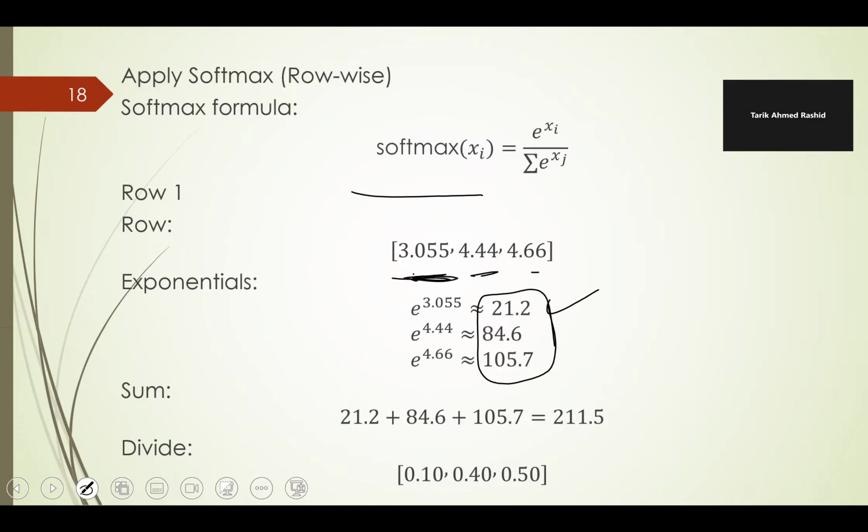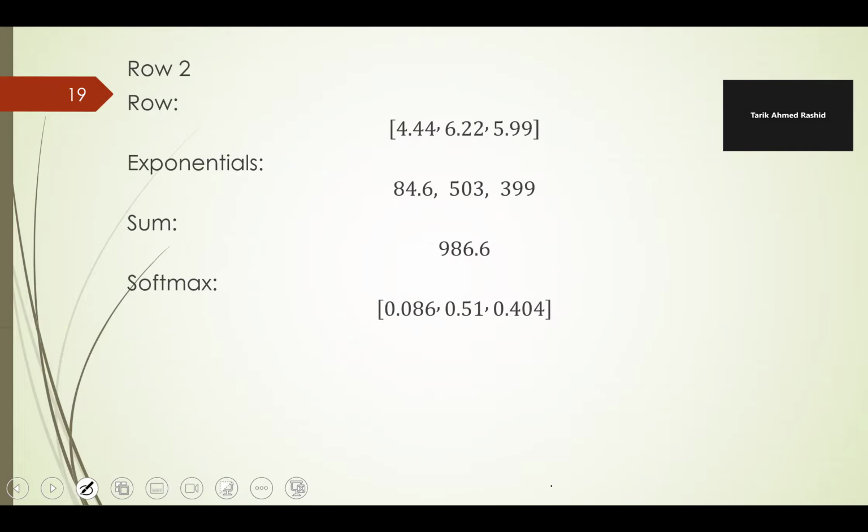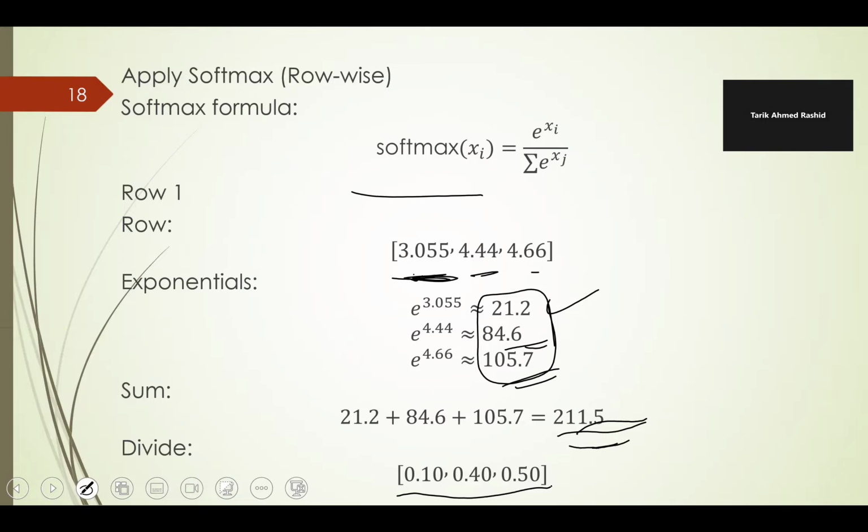For example, here 21.2 over the sum, 200.5, and then 84.6 over the sum, which is 200.5, and 105.7 again divided by 211.5. So that's the result that we get for the softmax. Now that's the result for the softmax for the first row.